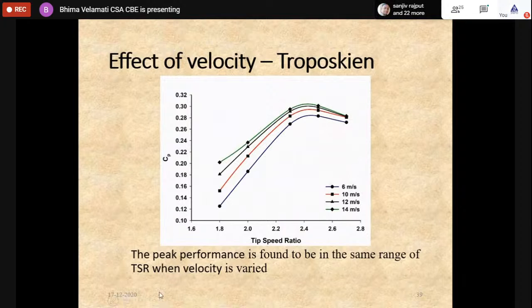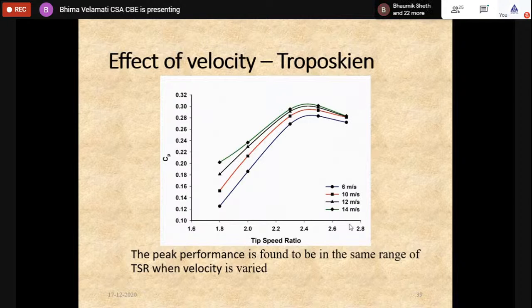So we have done the simulations for different wind velocities, 6 to 14 meters per second. And this is how the coefficient of performance would vary with respect to tip speed ratio. Now one can ask, why are you plotting things with respect to tip speed ratio? This is the academic way of looking at it, because non-dimensional numbers are an easy way to analyze results together. We don't run dimensional quantities.